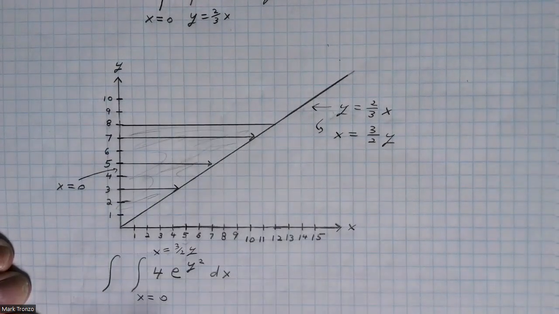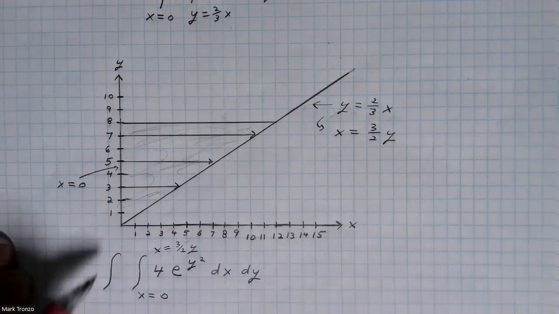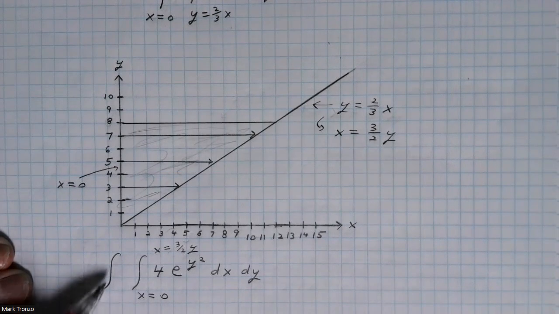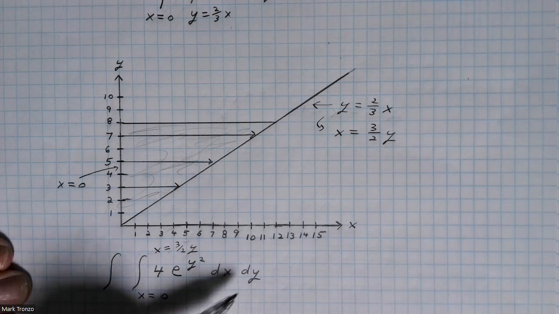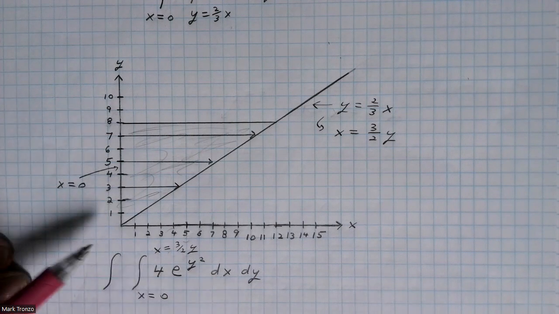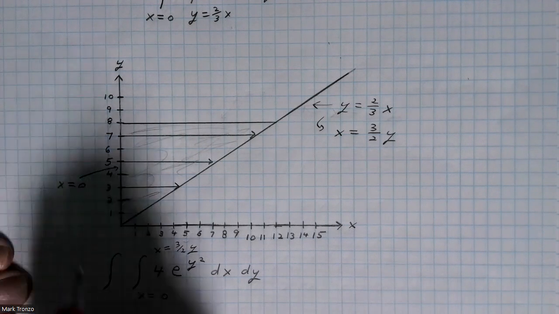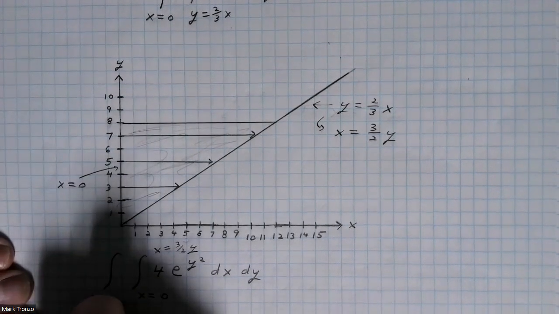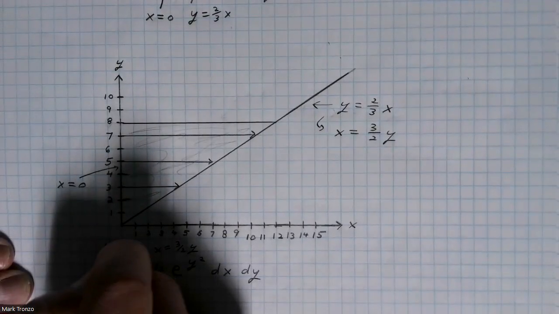The last integral, dy, is always just going to be numbers. It's just the interval, in this case on the y-axis, covered by the region. You see our interval is from 0 to 8.